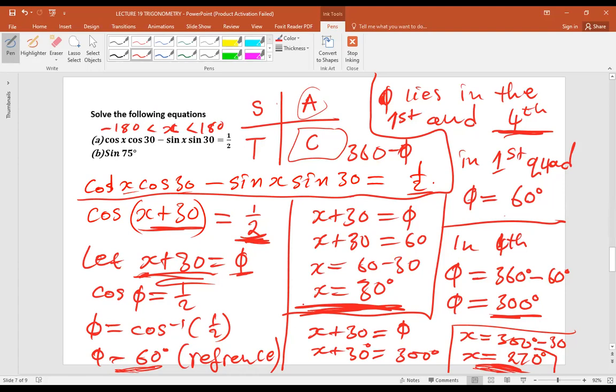So the answer that we get is only 30. But if there's no domain given, or if the domain was given that x is ranging from 0 to 360 degrees, then x is equal to 30 and 270, because 30 and 270 are between 0 and 360.